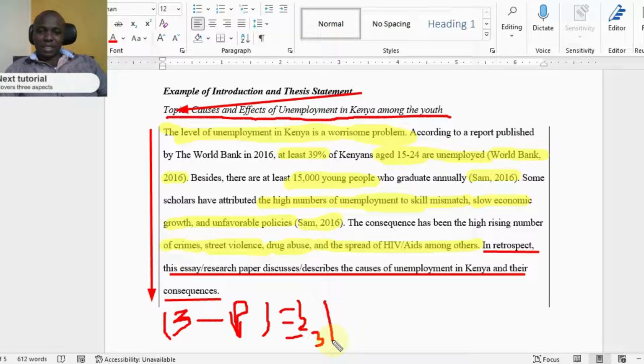But at the moment, stick to this one, the general one. In retrospect, this essay, or such paper, discusses or describes or examines the causes of unemployment in Kenya and the consequences. So, causes and the effects of unemployment in Kenya. The last line in my introduction has introduced, as in fact highlighted, what my intention in that paper is.